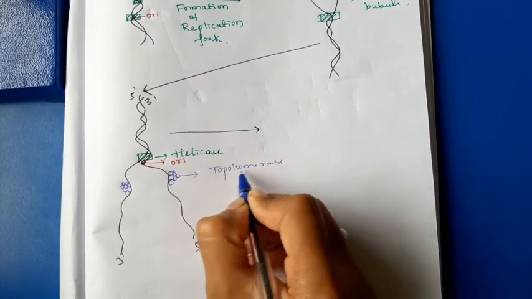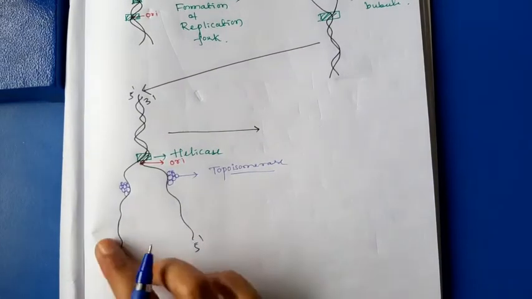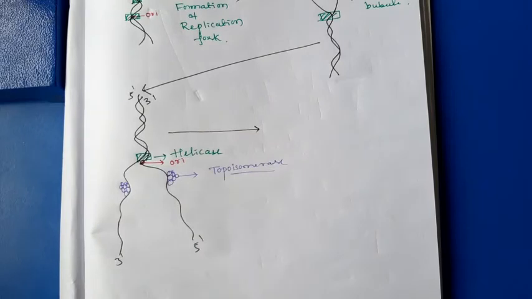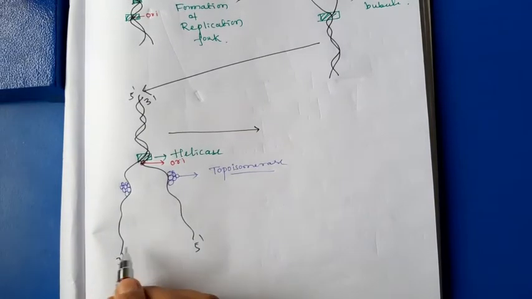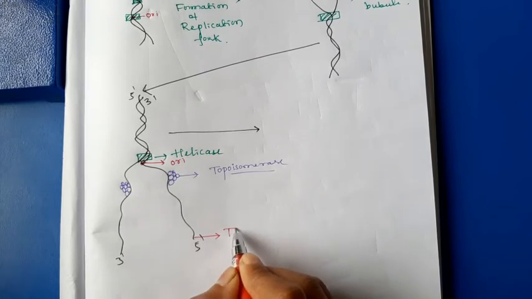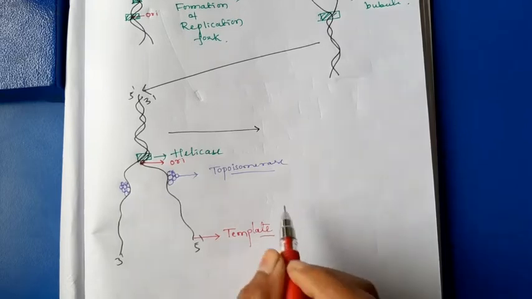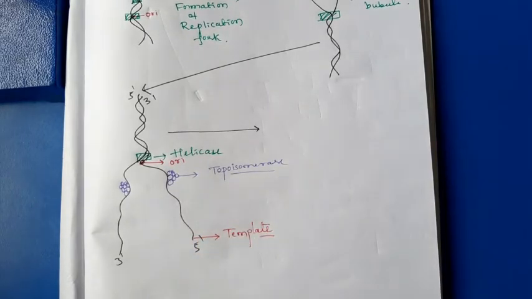It attaches on either side of the single stranded DNA, meaning either side of the parental DNA. You know that after separation, the parental DNA acts as a template. For the template DNA, topoisomerase is attached in order to release the tension created by supercoiling of the single stranded DNA.